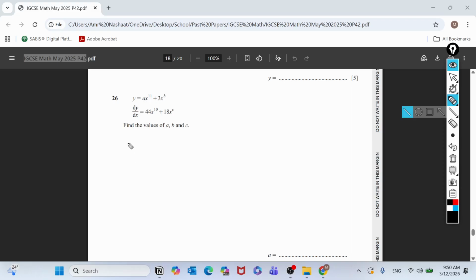So when you derive it, the derivative is equal to 11a x to the power of 11 minus 1 plus, this is going to be what? 3b. You took the b down. x to the power of b minus 1. 11a is equal to 44. So a is 4. A equals 4.